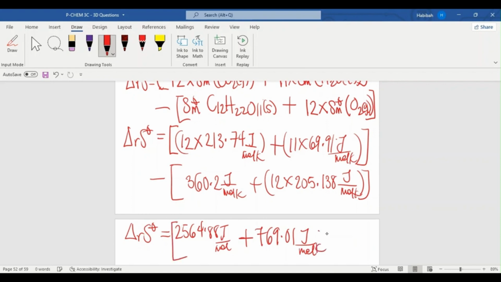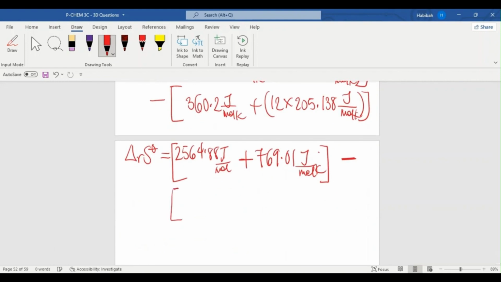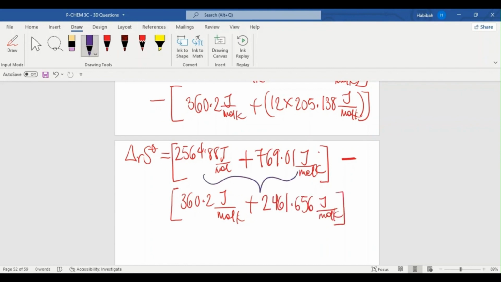So this one's together, of course, then we got the minus. So that would be minus 360.2 joule per mole Kelvin plus 12 times 205.138, which is just 2461.656 joule per mole Kelvin. So you're going to add up this information here as well as add up this information here, and we're going to input that information in our calculator.